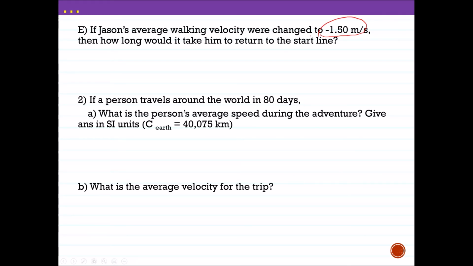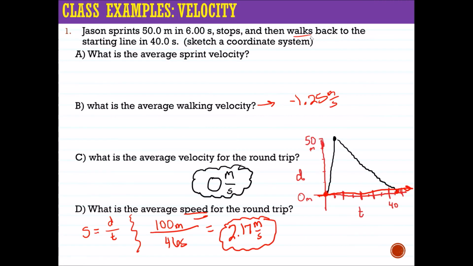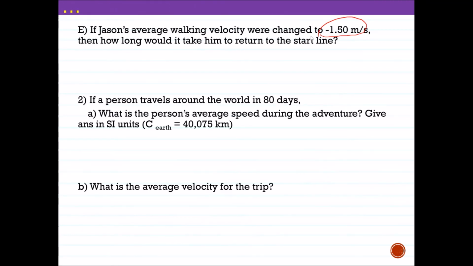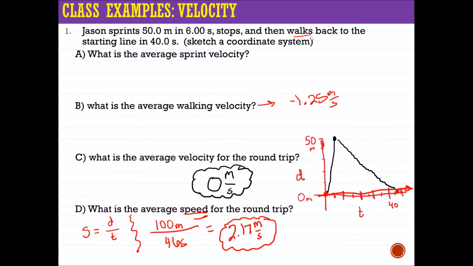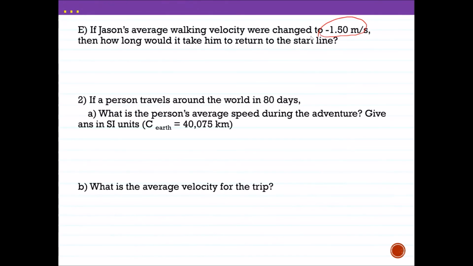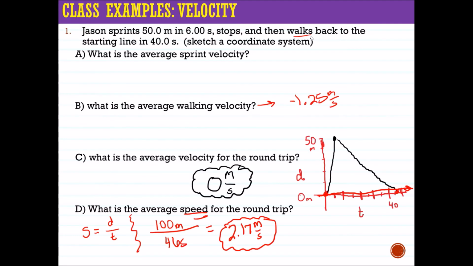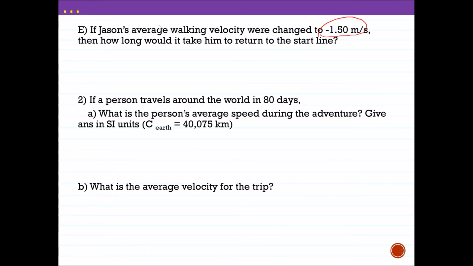It was 1.25, and now it's 1.5, so his speed increased. Don't let the negative confuse you, that says direction. So would that mean it would take him a longer or shorter amount of time to cover that 50 meters? If he was going slower before and it took him 40 seconds, it should take him a smaller amount of time since he's going faster.